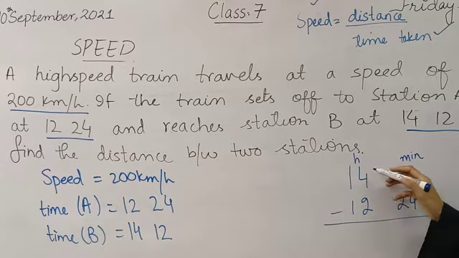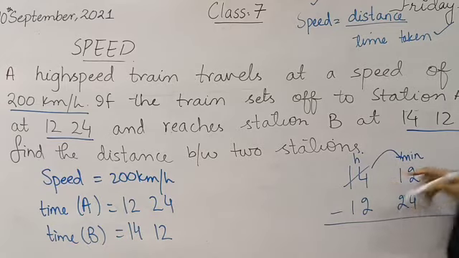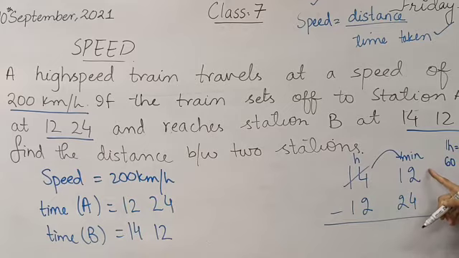Similarly, we borrow here from this 14 to here. And this is an hour. 1 hour is equal to 60 minutes. So we add 60 to this 12, because we borrowed 1 hour and we know that 1 hour is equal to 60 minutes. What is 12 plus 60? 12 plus 60 is 72.